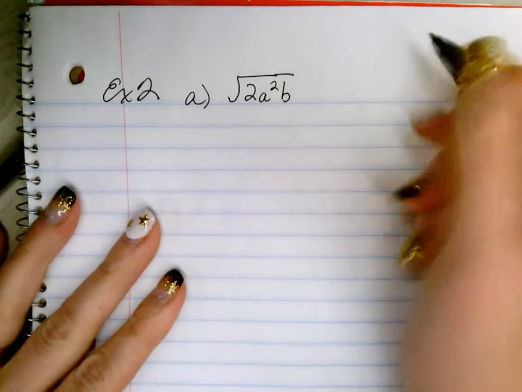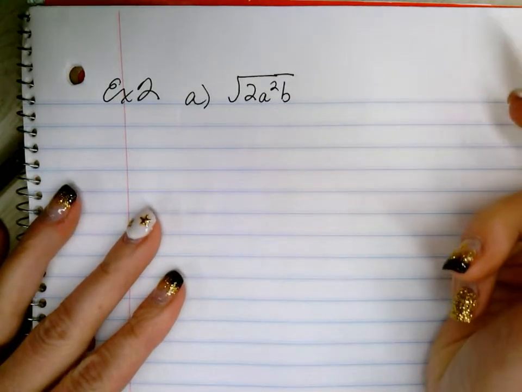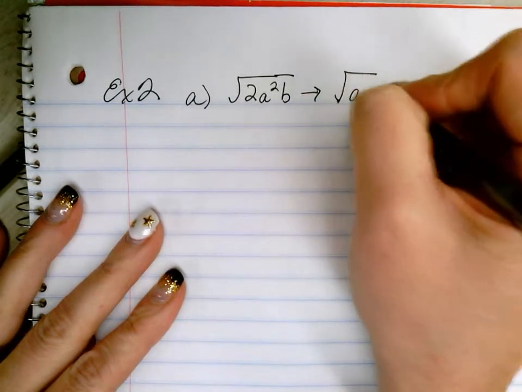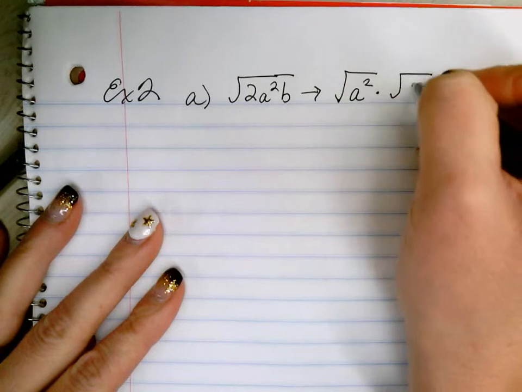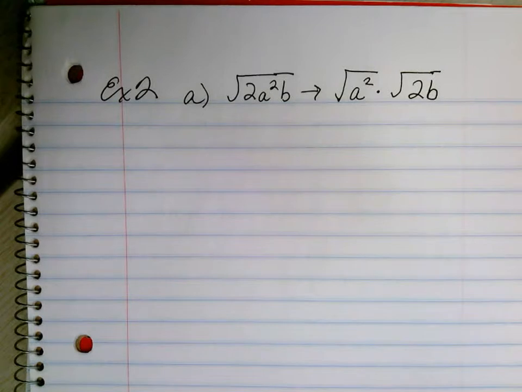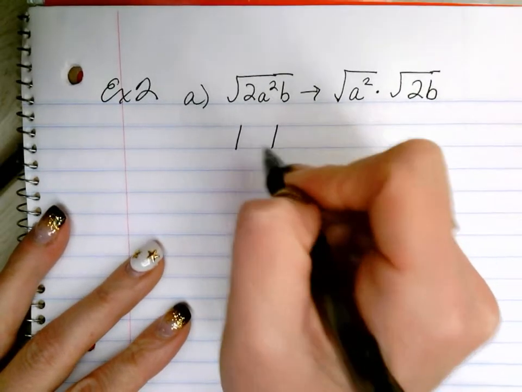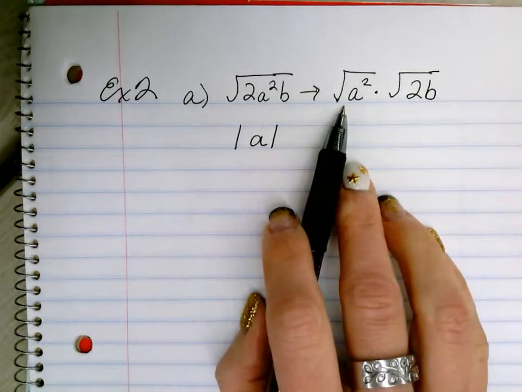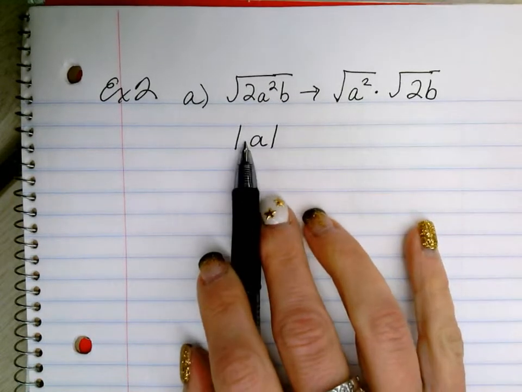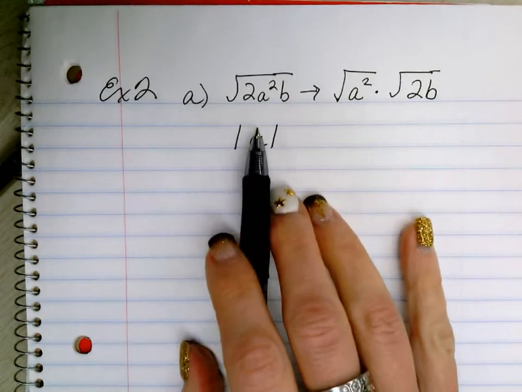Whether A is positive or negative, I know it's a perfect square. So I can separate this into the square root of A squared multiplied by the square root of 2 times B. The square root of A squared is A. But it has to be the absolute value of A, because in order for this to have a square root, it has to be the absolute value, which is going to be a positive number.